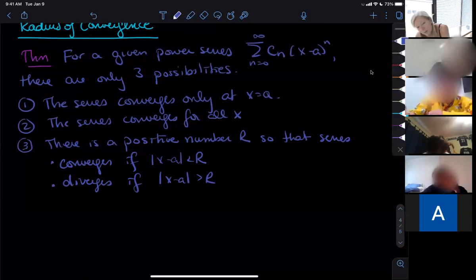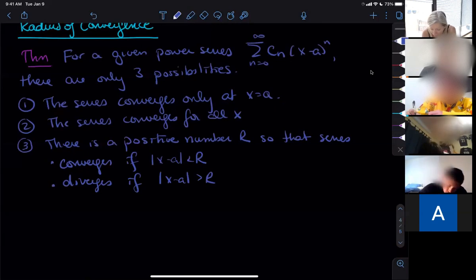Notice how nothing was said here about the distance between x and a equaling r, because that's the case where the ratio test doesn't work. So that's the case where we have to check individually, just like we did in the first example today.